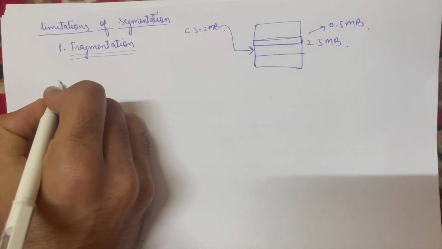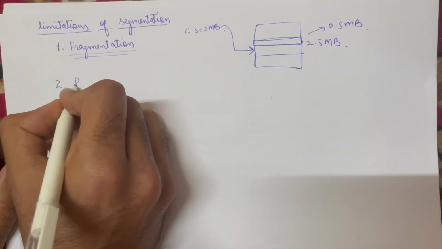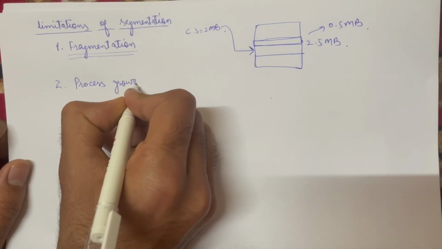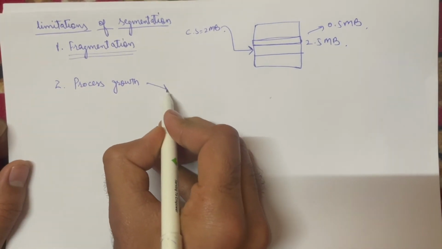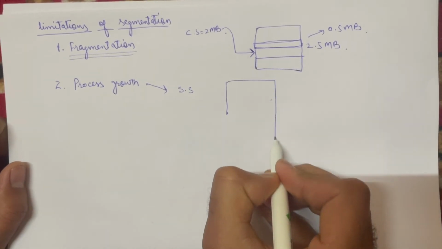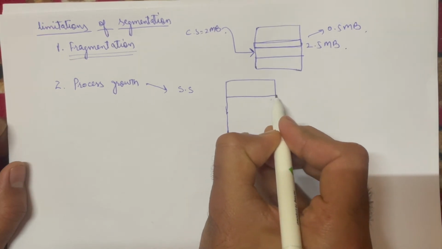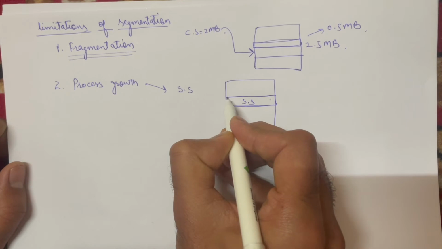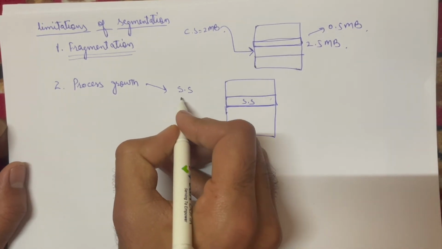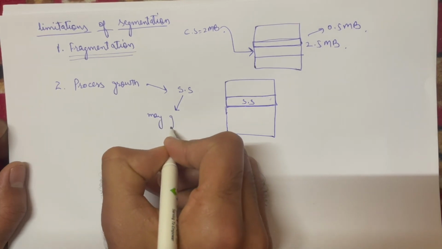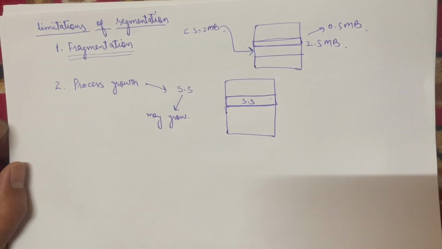Another problem is the process growth. Let's suppose we mapped the stack segment of a process into the main memory. There is a possibility that this stack segment may grow, because stacks grow and shrink. Heaps also grow and shrink.